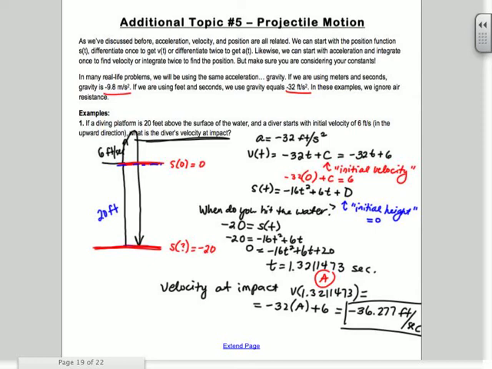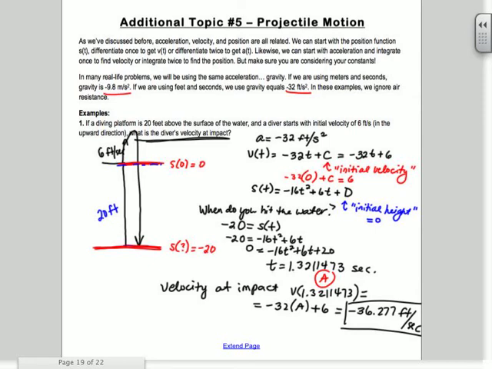Okay. Now be really careful. On your AP test, it's tricky sometimes. It probably wouldn't do something like an example like this, but it might say something like state the velocity and the direction. If you're stating the velocity and the direction, you probably want to say 36.277 feet per second in the downward direction.